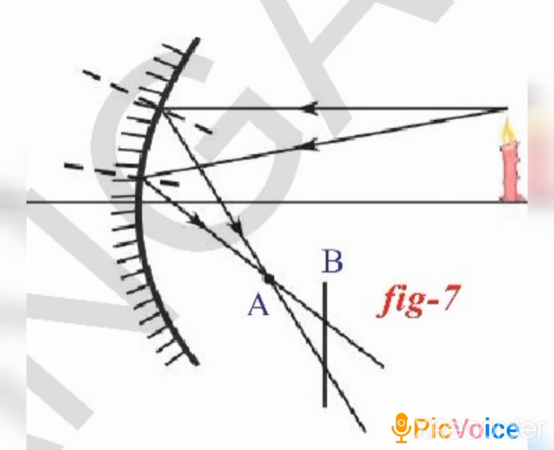Beyond the point A, at the point B, if you place a paper sheet, you can find the image of the candle formed on the paper. This is known as a real image, as the image is real and formed in front of the concave mirror.